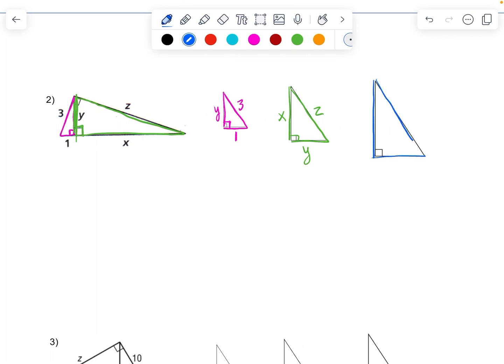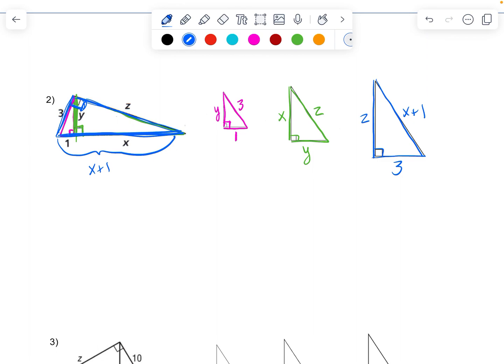And then I'm going to do the large one. This is where my box is. My short leg is 3, long leg is z, and my hypotenuse is that whole length, so that's going to be x plus 1.